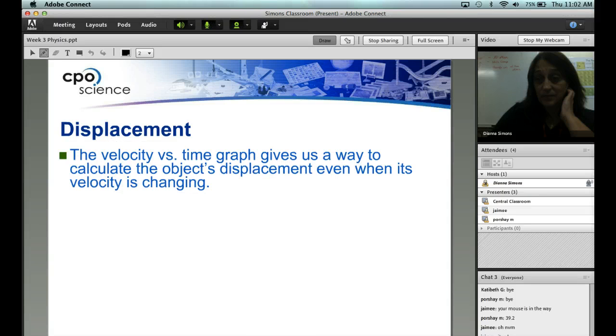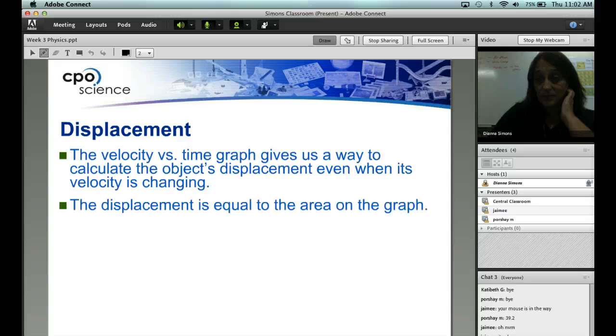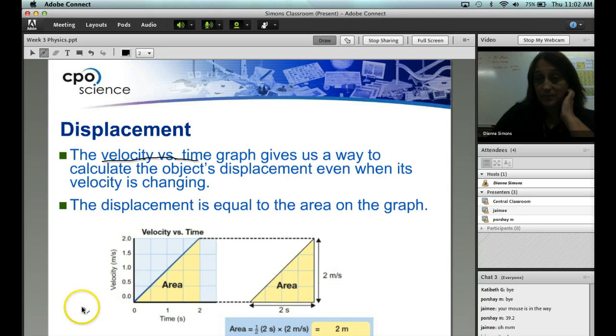Quick review. Displacement is equal to the area under the graph of the velocity versus time graph. That's your displacement. I don't believe we will be doing this, but you know what? It's pretty easy to calculate if you have a velocity versus time graph.